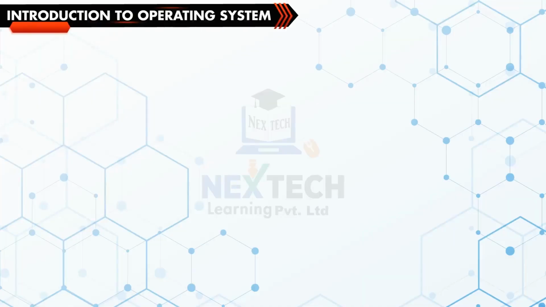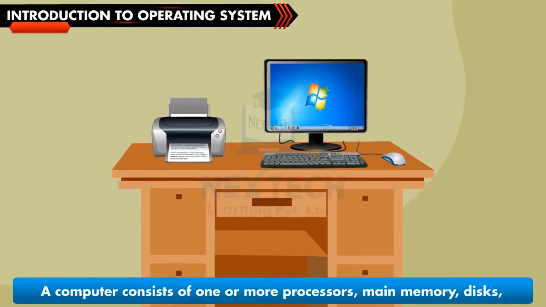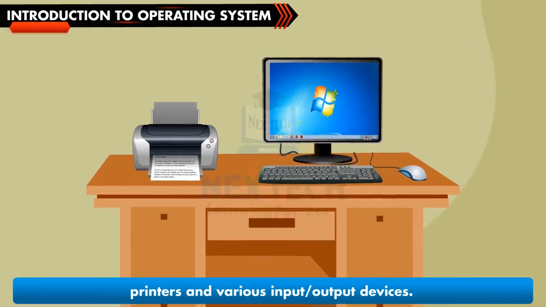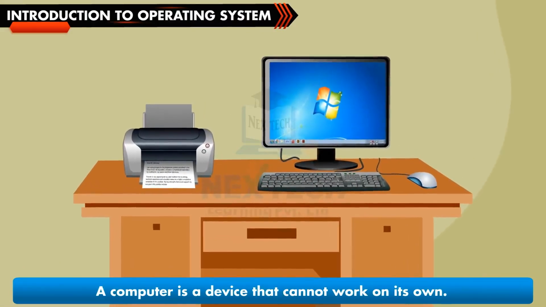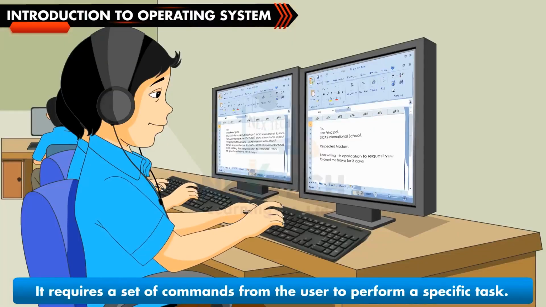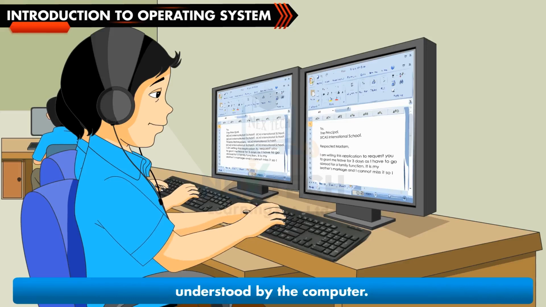Introduction to operating system. A computer consists of one or more processors, main memory, disks, printers, and various input-output devices. A computer is a device that cannot work on its own. It requires a set of commands from the user to perform a specific task. These commands have to be converted into a language which is understood by the computer.